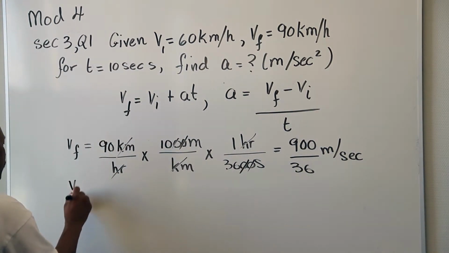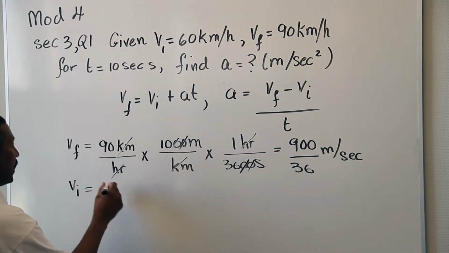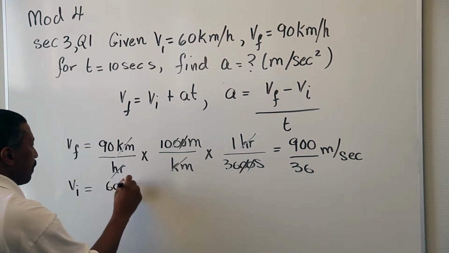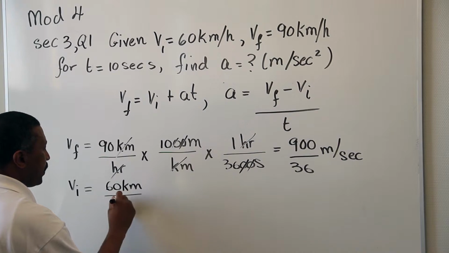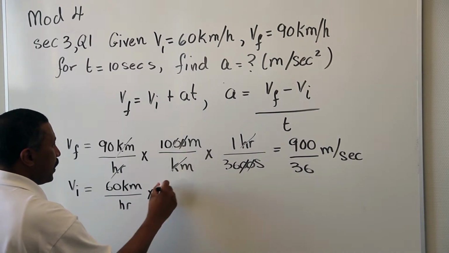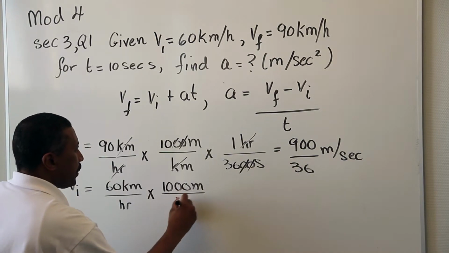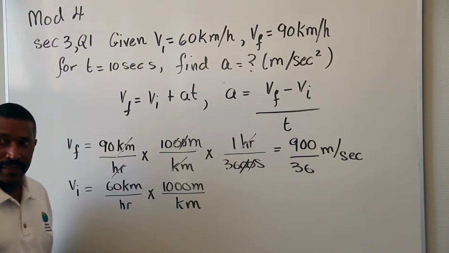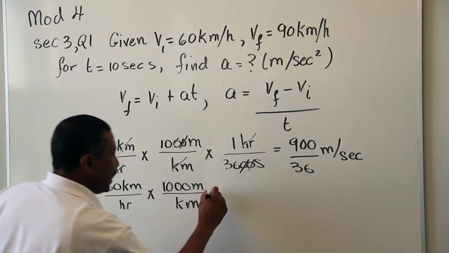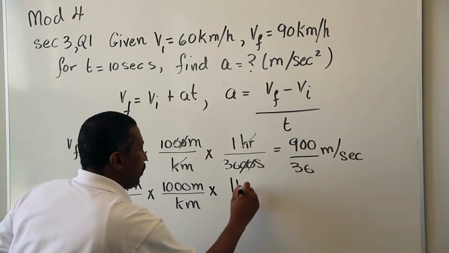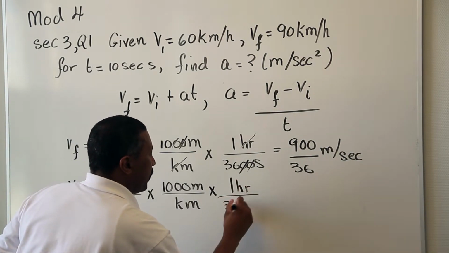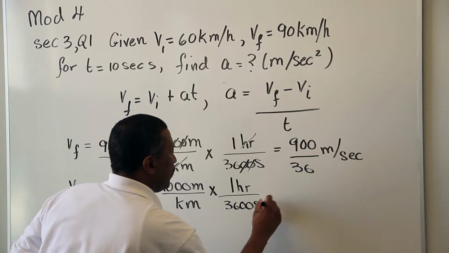The other one is to find vi, which is 60 kilometers per hour multiplied by 1,000 meters per kilometer, converting to the next step, 1 hour per 3,600 seconds.